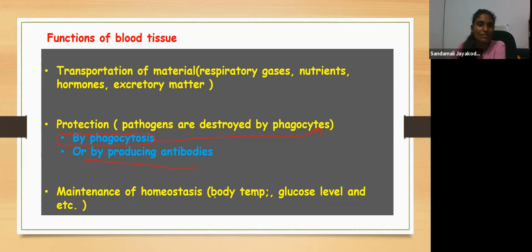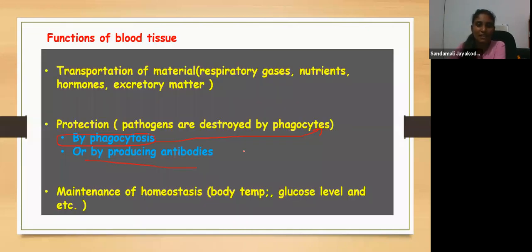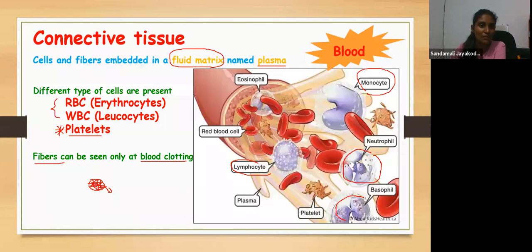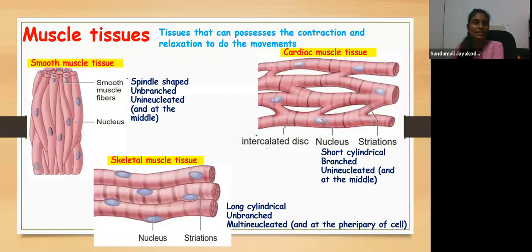Later on, we are moving to discuss muscle tissue. I hope now you can have a better idea about connective tissue and blood tissue as an example. And then we are moving to muscle tissues. There are 3 types of muscle tissues.